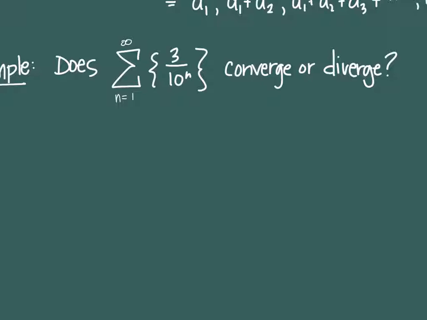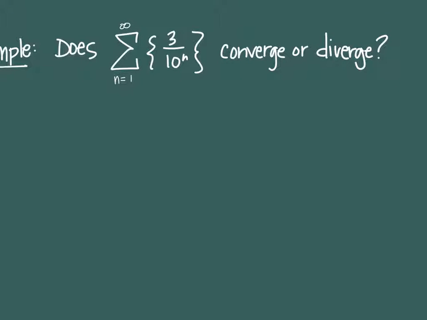So does the series from 1 to infinity of the sequence 3 over 10 to the n converge or diverge? I just want to play with that, and then we'll come up with a hypothesis.